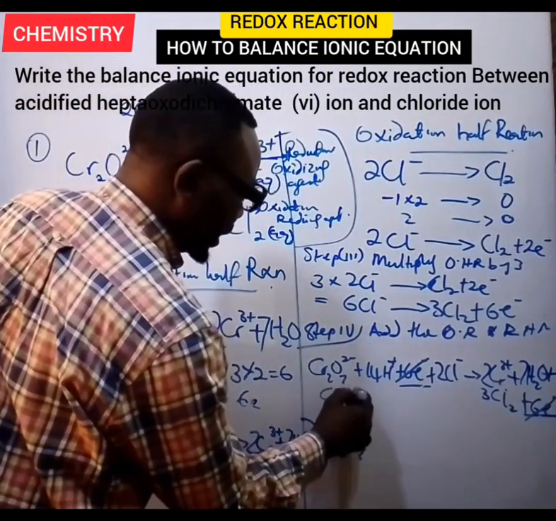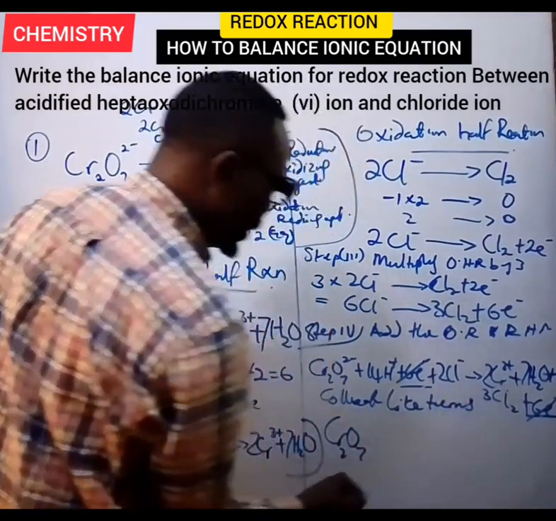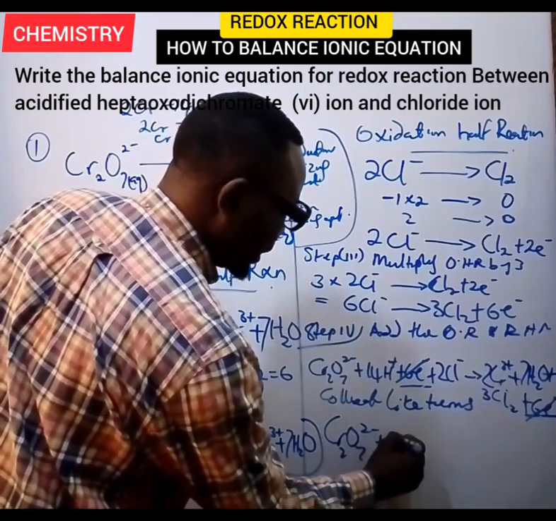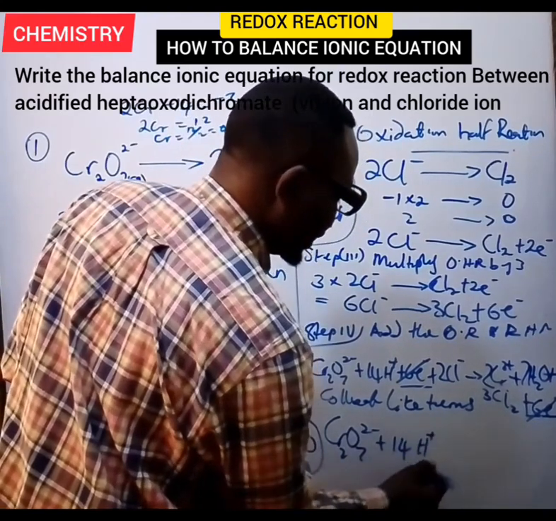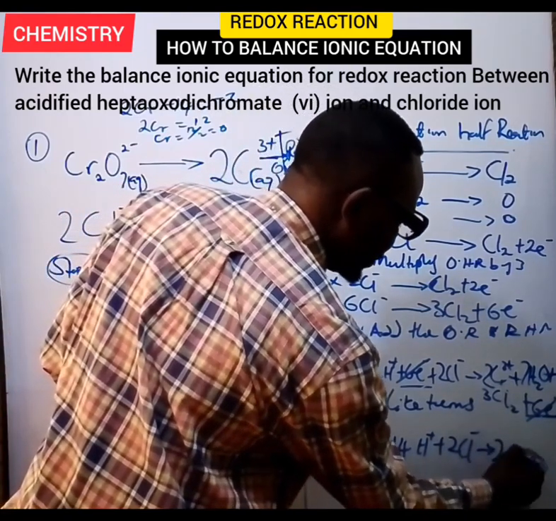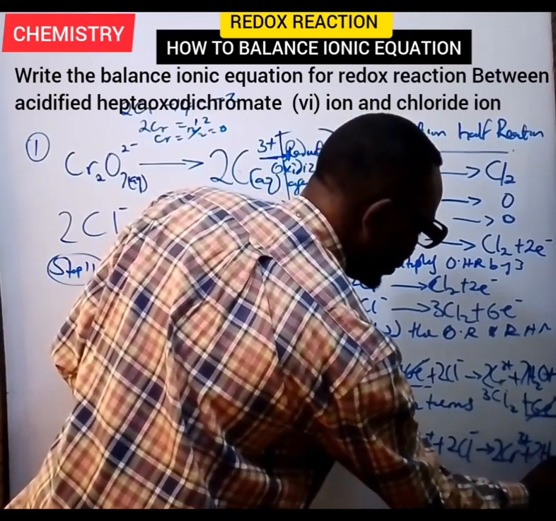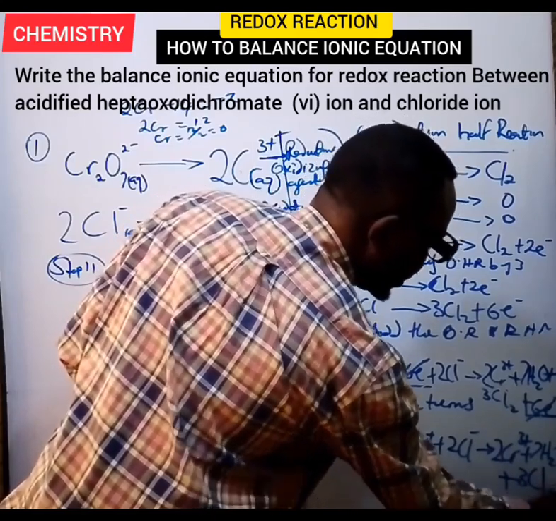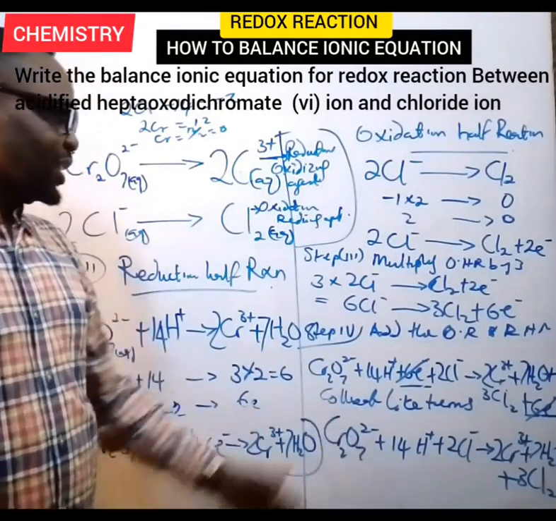So we have the final equation: Cr2O7 2 minus plus 14 hydrogen ions plus 6Cl minus gives us 2Cr3 plus plus 7H2O plus 3Cl2. It's very easy to do.